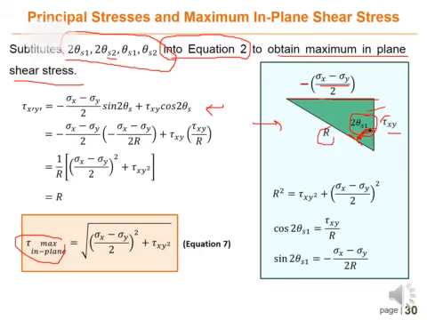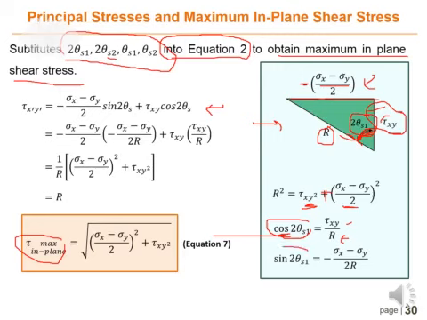So you have to find the r value. r squared is equal to tau xy squared plus sigma x minus sigma y over 2 squared. This is negative, but when squared it becomes positive. So what is the cosine of 2 theta s1? Cosine for this angle is equal to adjacent, which is tau xy, divided by the hypotenuse, r.